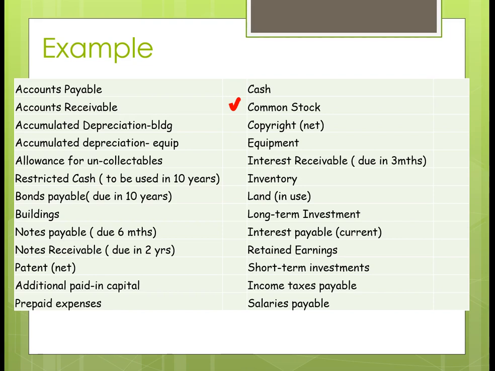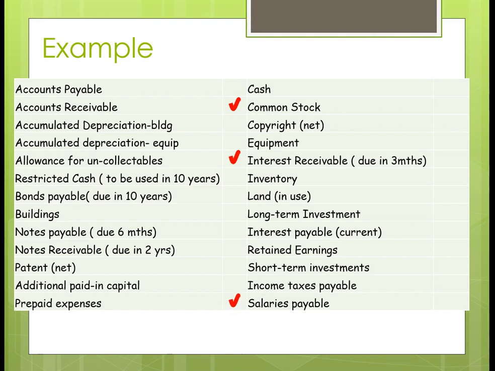Otherwise, they would be a notes receivable because you wouldn't let people owe you that much money for that long of a period. Allowance for uncollectible accounts is a contra account to accounts receivable, and normally these are shown net on the balance sheet, and then they'll show a note in the description that tells them how much is in the allowance account.